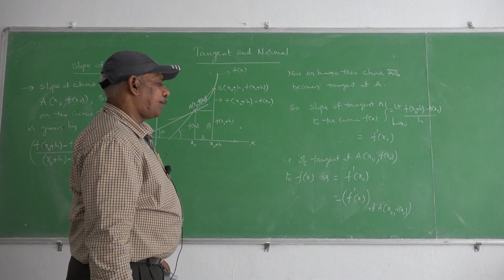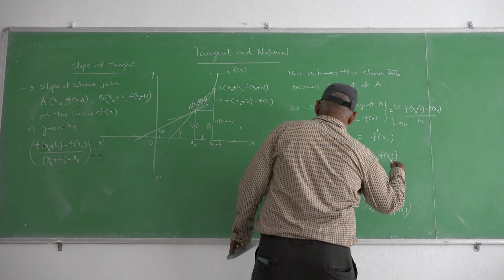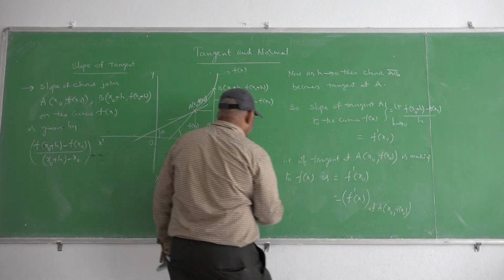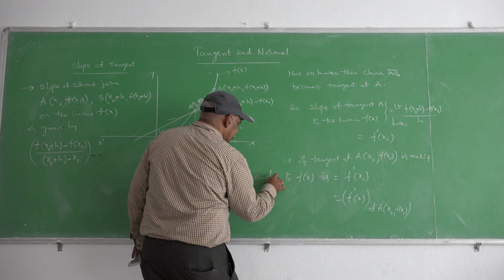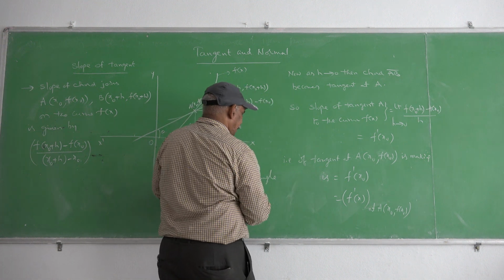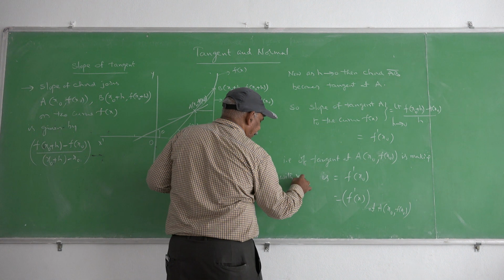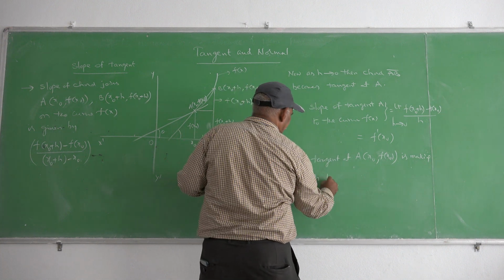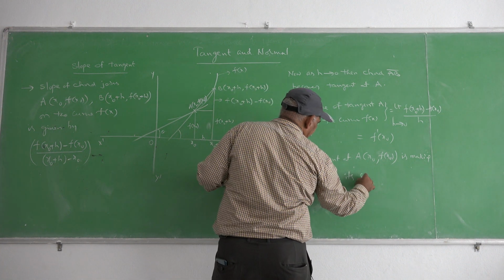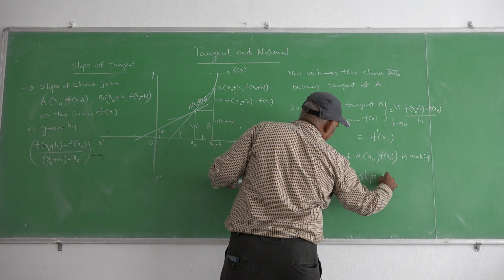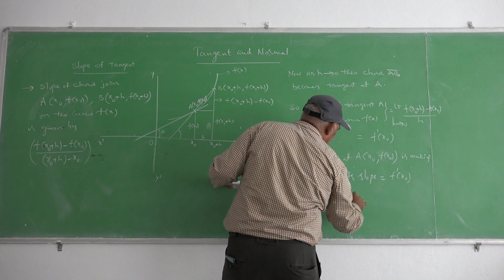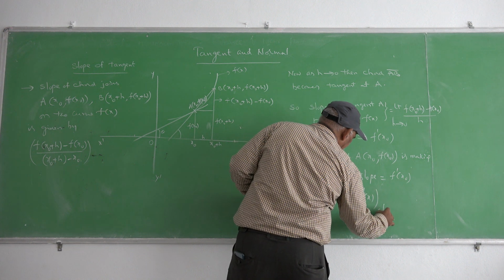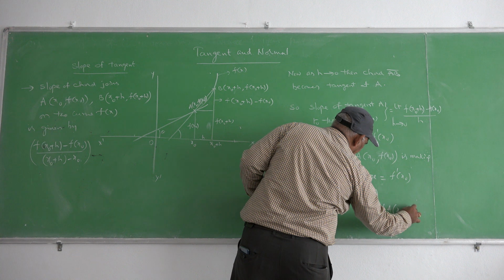If the tangent at x naught, f of x naught is making theta angle with the x axis, then its slope is f dash of x naught, that is f dash of x at A.